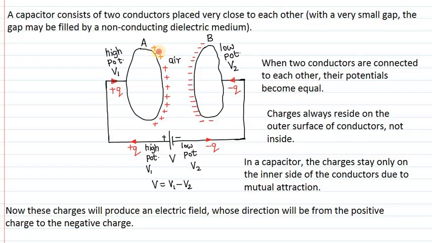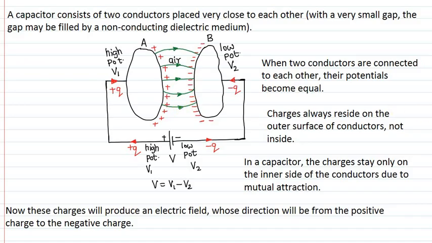So we'll draw electric field lines from the positive charge to the negative charge. Also, while drawing these electric field lines, we should take care that they must start perpendicularly from the surface of the positive conductor and they should end perpendicularly on the negative charge conductor.